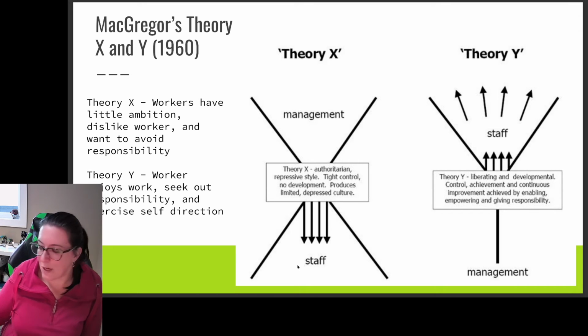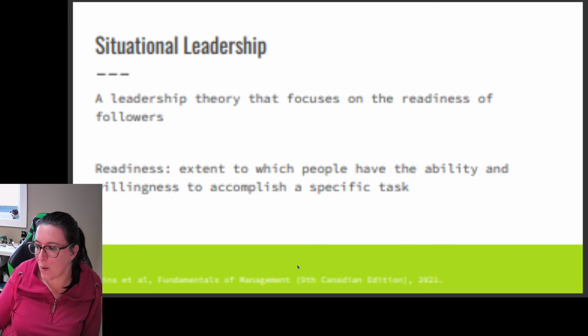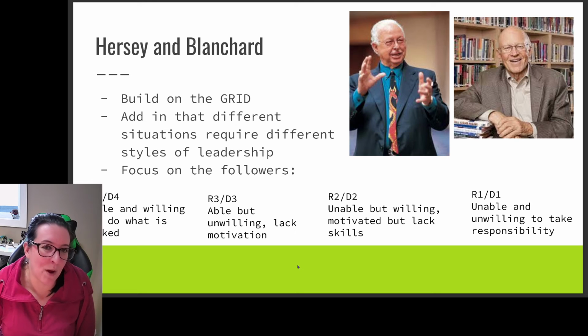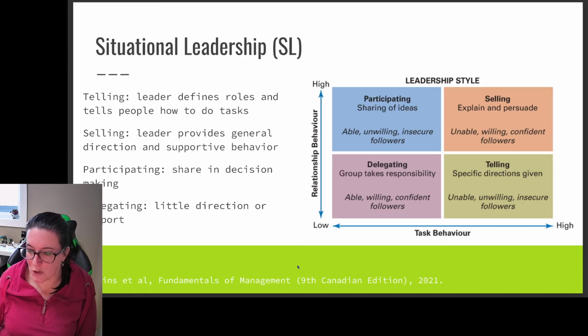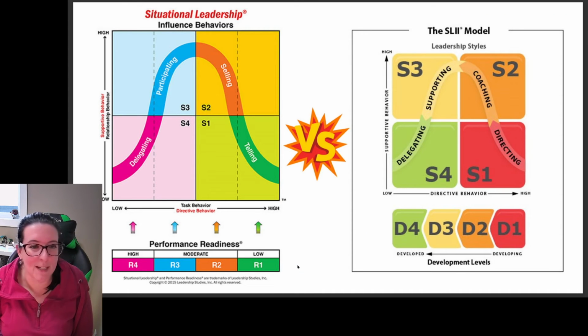So the leadership style theory X is appropriate when, if we go back, you have an R1 or a D1, they're unable and unwilling to take responsibility, which Hersey and Blanchard are calling the telling leadership style. Leader defines the roles, tells people how to do the tasks. All right. Well, what about the R2 or D2?